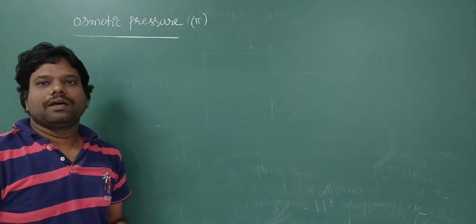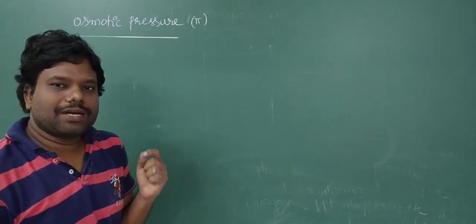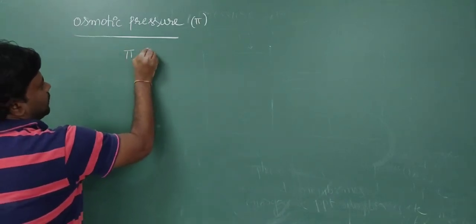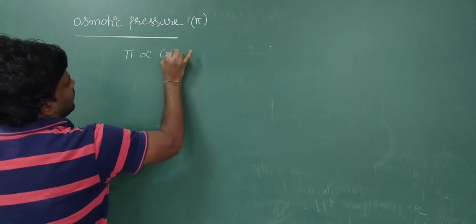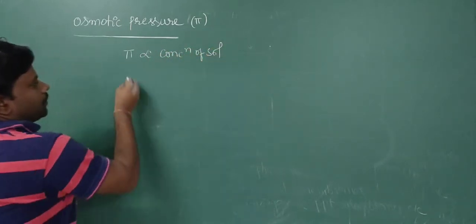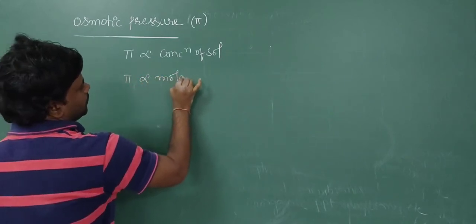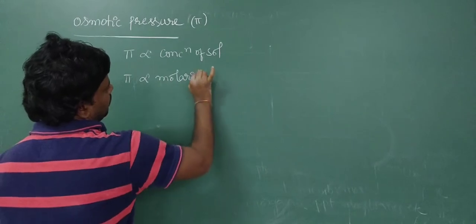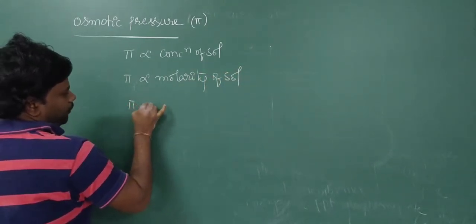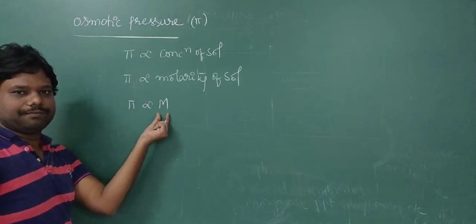Look here. Colligative properties like osmotic pressure are directly proportional to the concentration of the solution. So osmotic pressure pi is directly proportional to the molarity of the solutions, that means pi is directly proportional to capital M. Here capital M is the molarity.